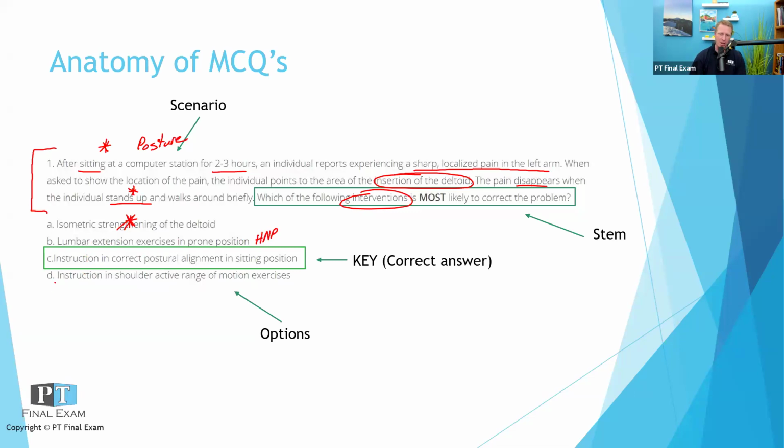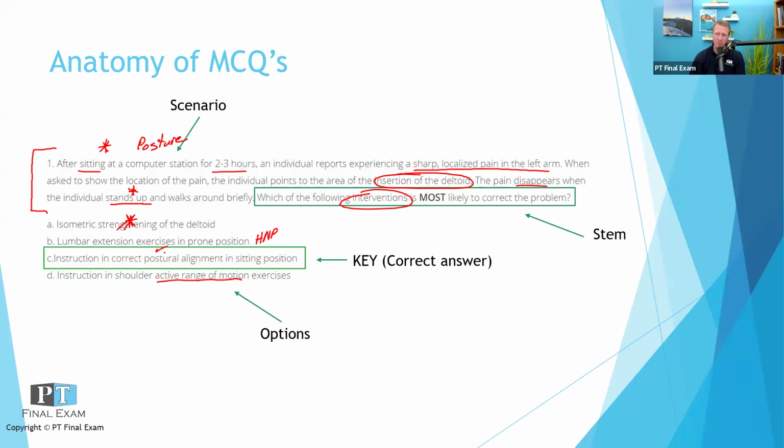And then finally, the last incorrect answer option is instruction in shoulder active range of motion exercises. Again, active range of motion is typically a strengthening type movement. And so is there a weakness here? Possibly, but not directly. So then we're left with the correct answer being instruction in correct postural alignment in sitting position.